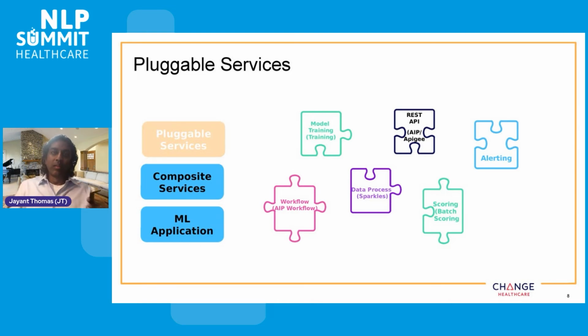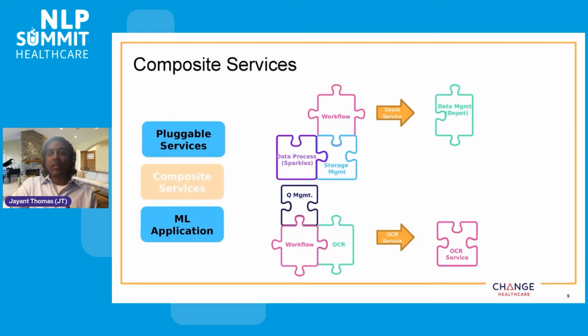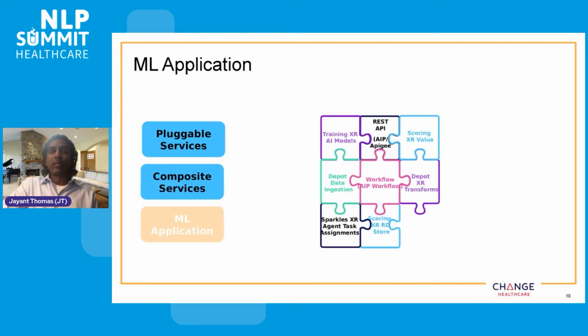Using these, I can create composite services. We do have something called a depot service, which is a composite service of a few of these services, and the OCR service is another example. It uses some of the additional services to create its own service. And then eventually you can create a machine learning application by plugging in and wiring up all these services to create a powerful machine learning service as well. So that's the power of thinking in terms of the platform and how we can scale building out these applications.